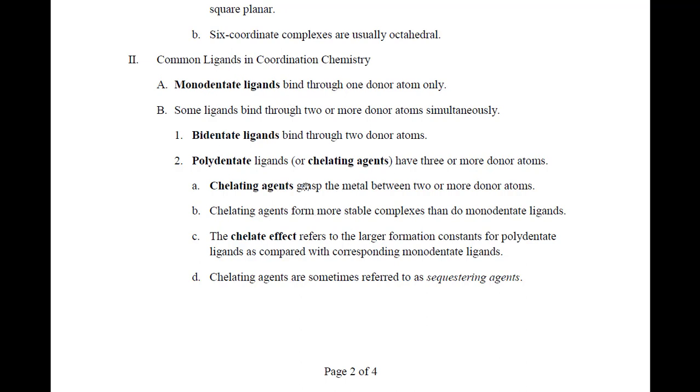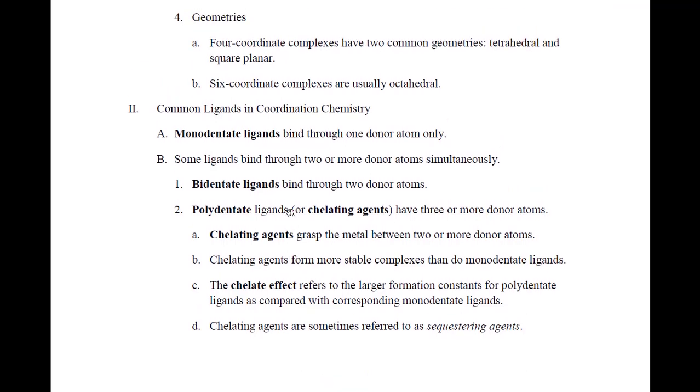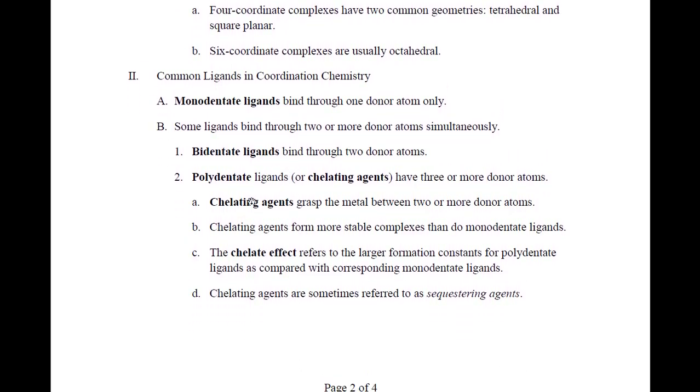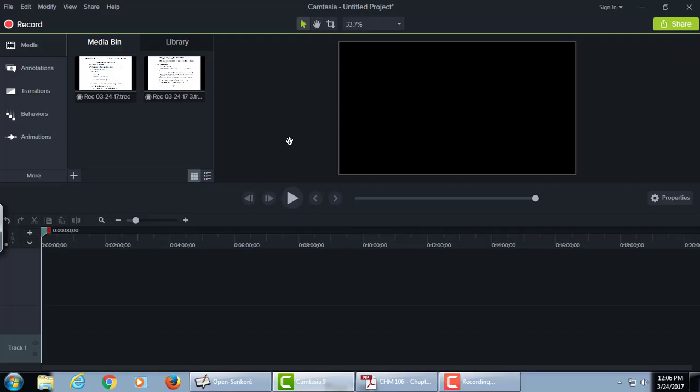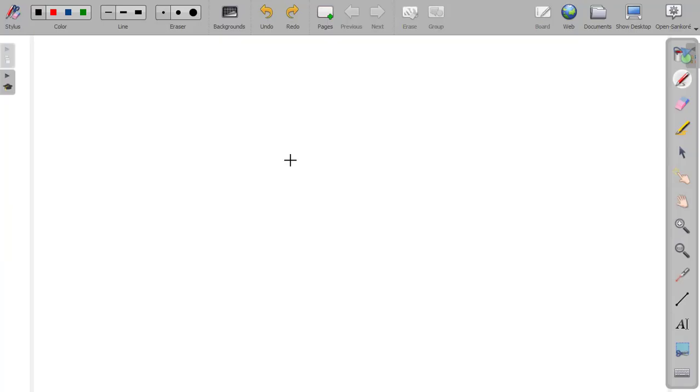Because in order to tell the coordination number of a complex from a formula that's given to you, you have to know how many bites it takes out of that metal. So again, pause if necessary and study which ones are mono, bi, and polydentate, because you've got to know those on sight.